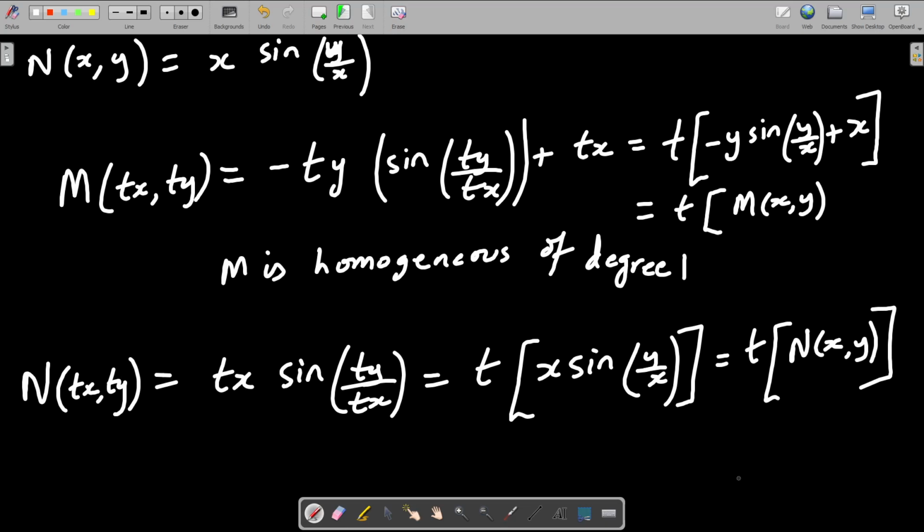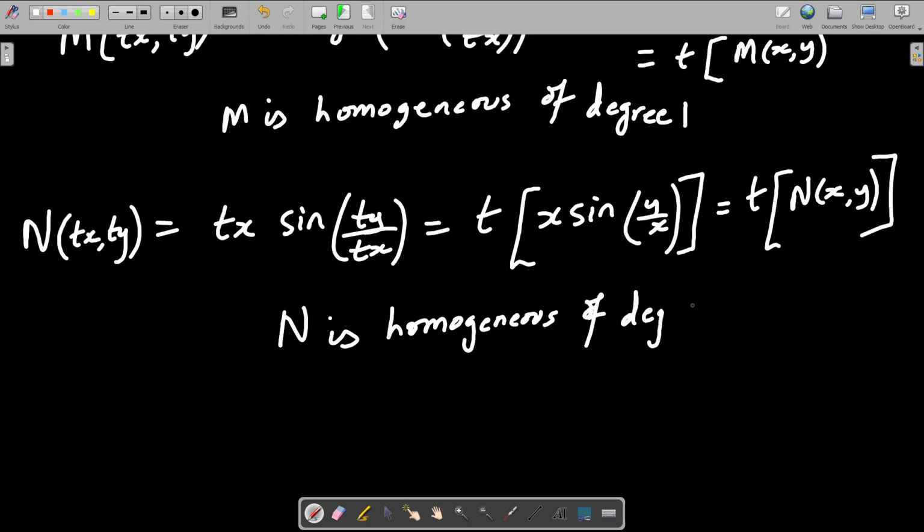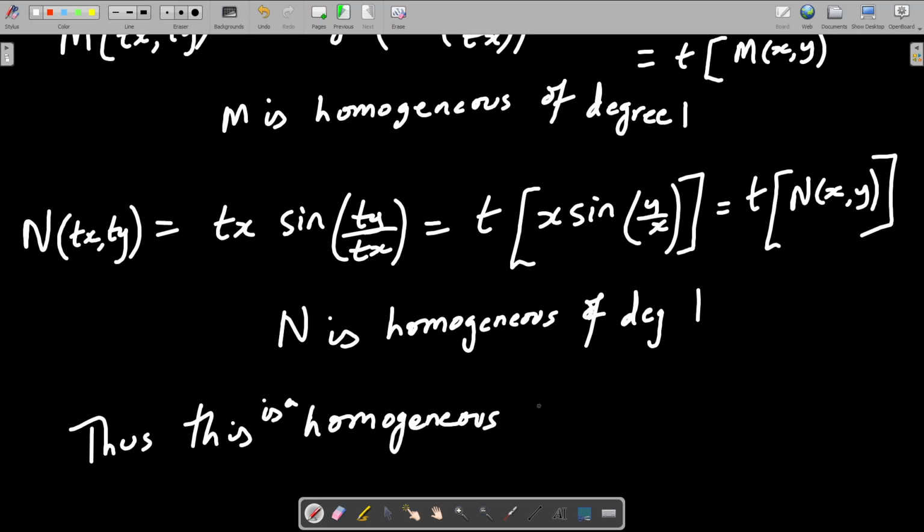We have to manually check this out. It's not so easy to just do it in our minds. So N is also homogeneous of degree 1. So this is a homogeneous differential equation.